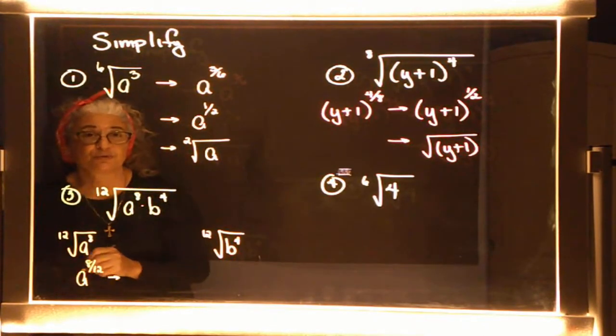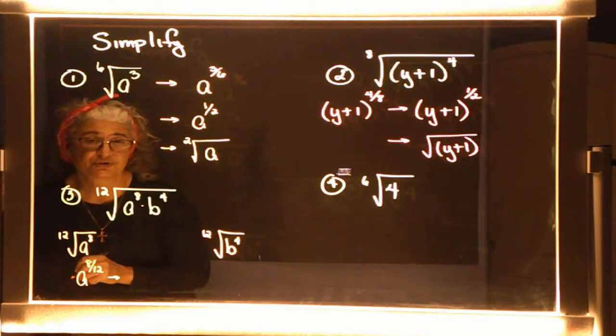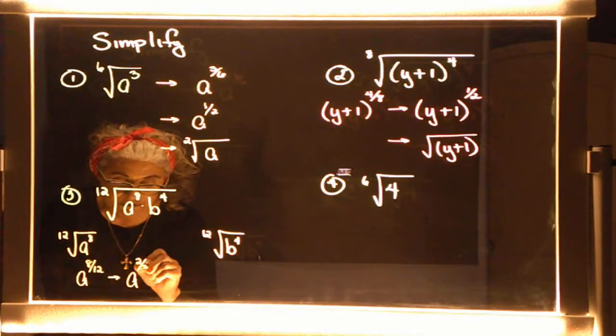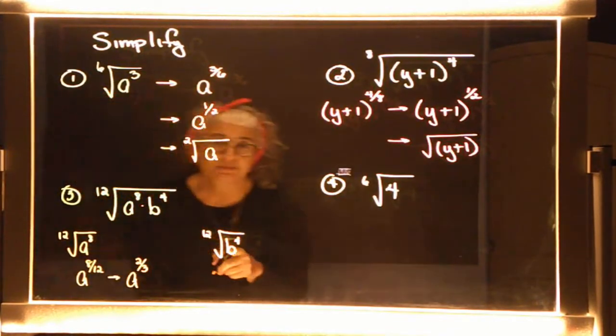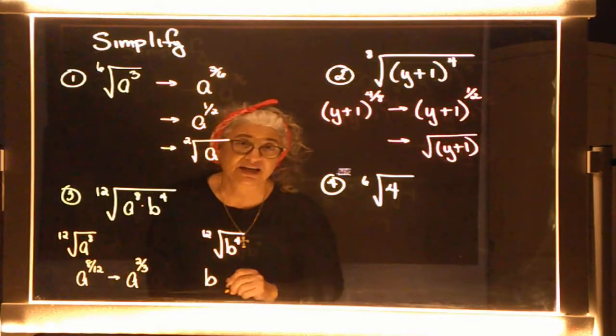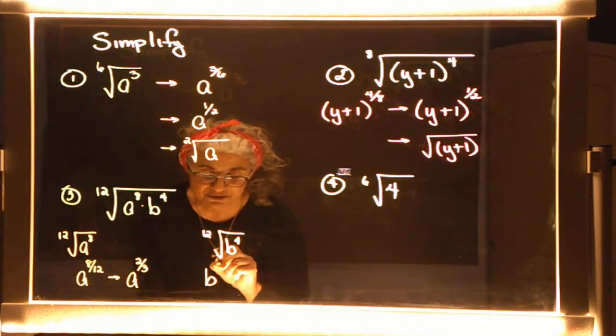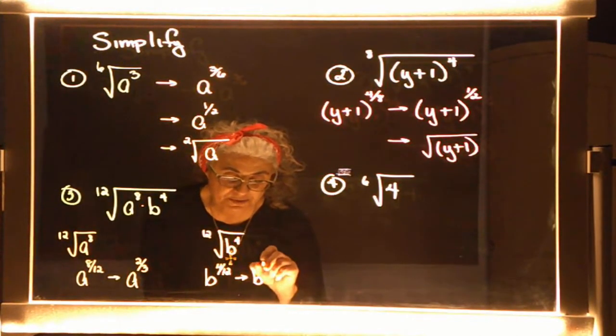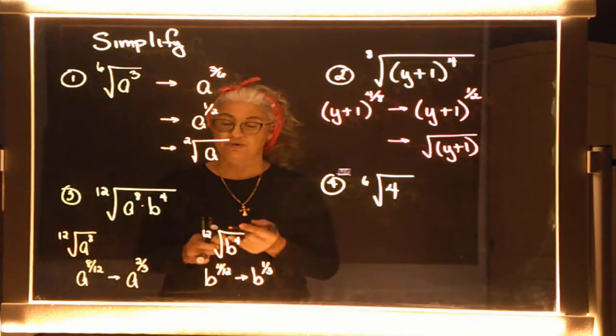What does this look like when we simplify? Because you can reduce the 8/12 to what? Good. 2 over 3. Got it. What about this b? You can rewrite it as b to the exponent 4/12, which can be reduced to b to the exponent of 1/3.